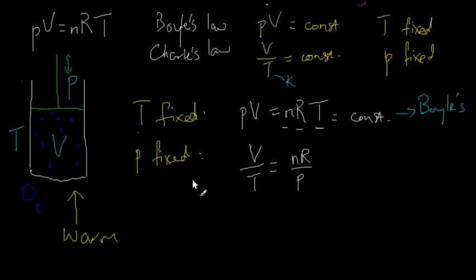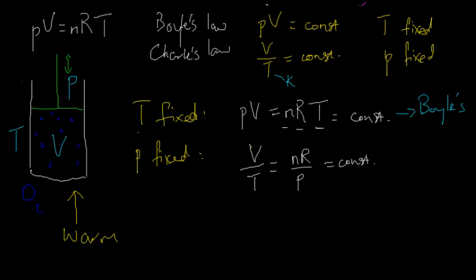So here we are. And this time it is P that's fixed. If you now look at this new arrangement, we have P down here that's fixed, n and R are fixed. So therefore, the right hand side here is a constant. And the left hand side is V over T, which is the same as what we have in Charles' law. So therefore, we have Charles' law now that V over T is a constant.